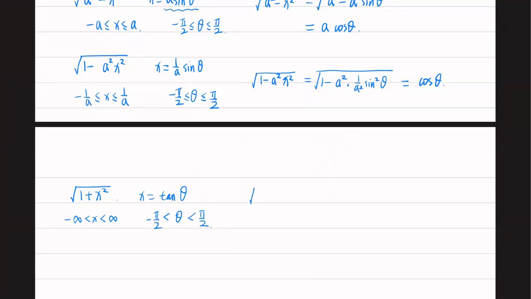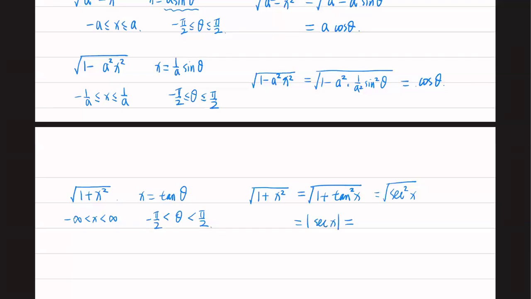Now, how do you simplify this, 1 plus tangent squared? Think about it. Sophia, what's your answer for this one? That's equal to secant squared. Then the square root of secant squared. Normally, we should have an absolute value. Could you determine the sign of this secant?